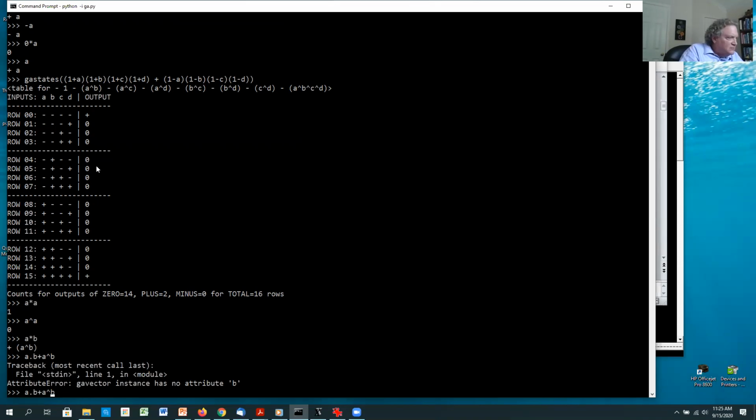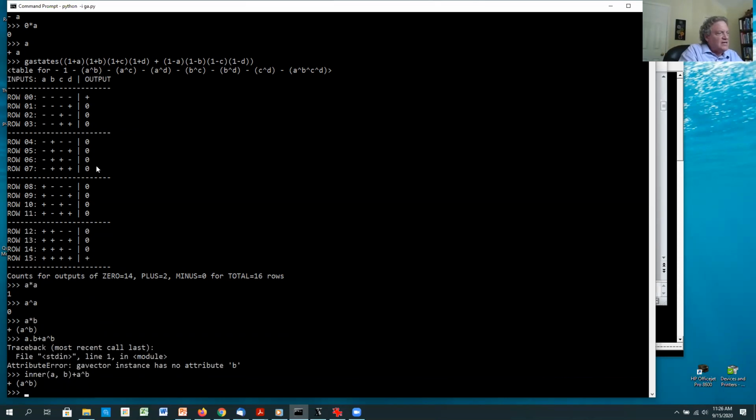And I have to say inner here, I don't have a syntactic convention for that. And as you can see, the inner product of A and B is 0, and the outer product of A and B is just the bivector AB.